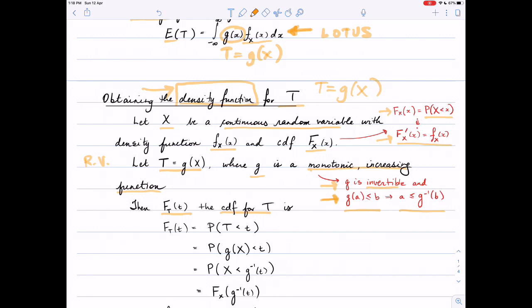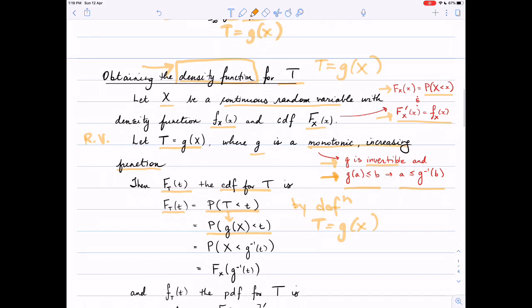And by definition, the cumulative distribution function f sub t of t is the probability that the random variable t is less than some small value t. Well, t is g of x, right? That is our setup. So that gives us the probability that g of x is less than t, because t is equal to g of x.